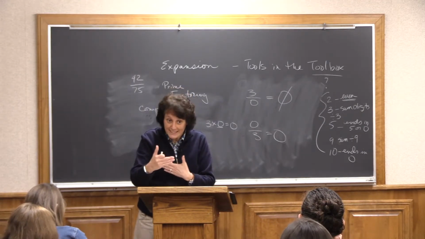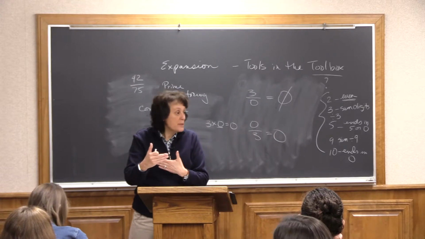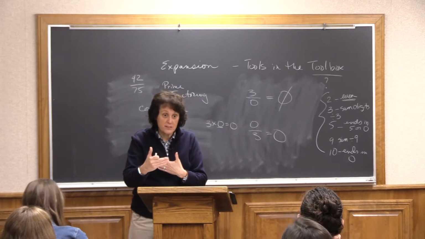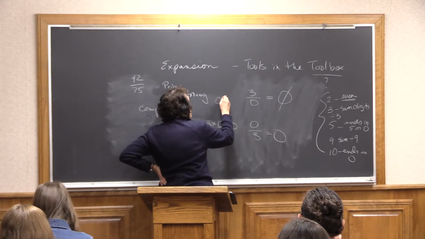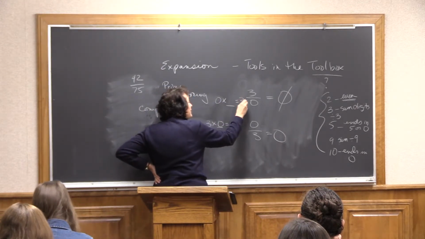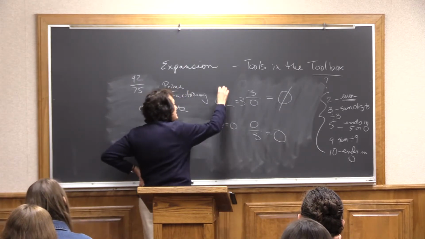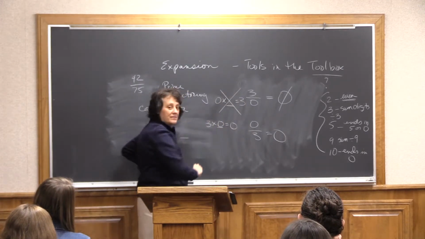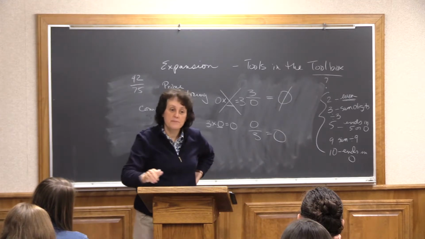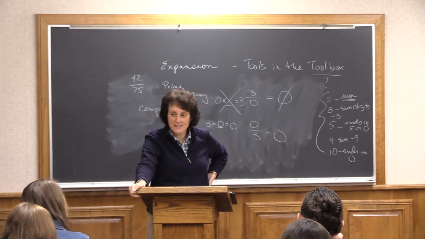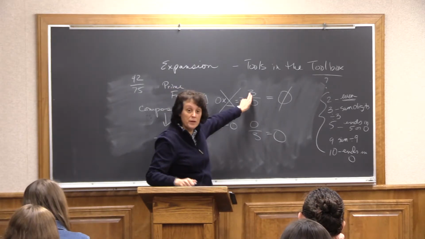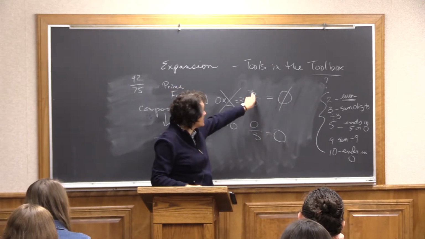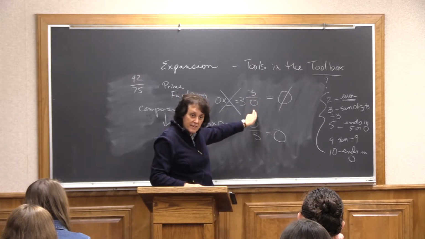Times what is a simple way to express what division means. So here I'm asking 0 times what equals 3? Not possible. We can't divide by 0 because 0 times anything is 0. It'll never be another number. Remember, in fraction form, this is the dividend, this is the divisor. So we have to be careful with 0.